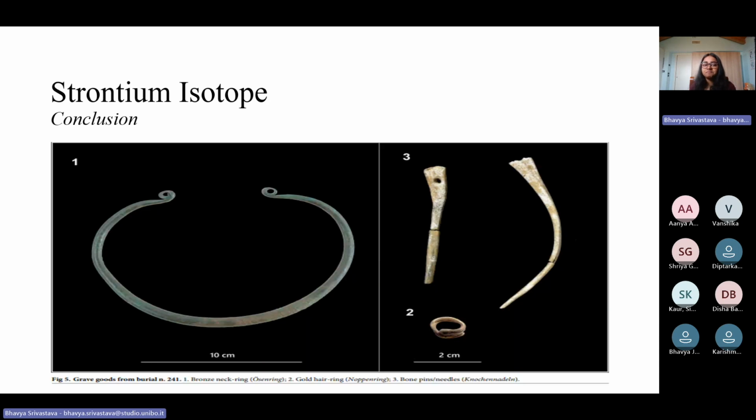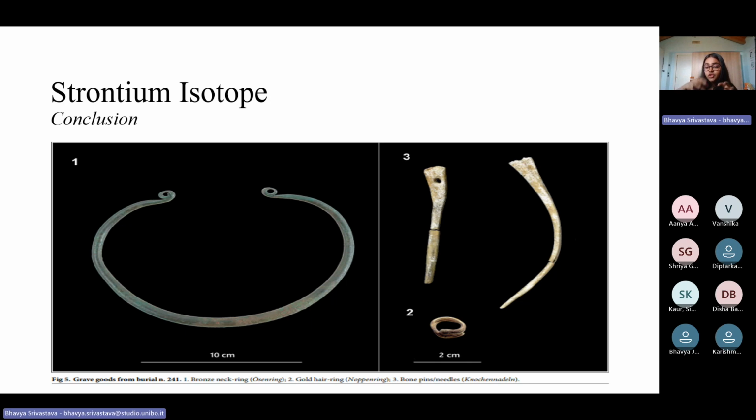And what the researchers did to understand this further was they utilized the burial and all the burial goods that were there with the female. So this kind of torque, what we call an Ossen ring in German, and this Noppen ring, or the gold ring, along with these bone pins or needles, were studied.